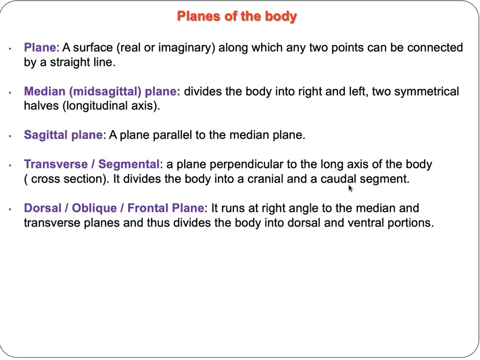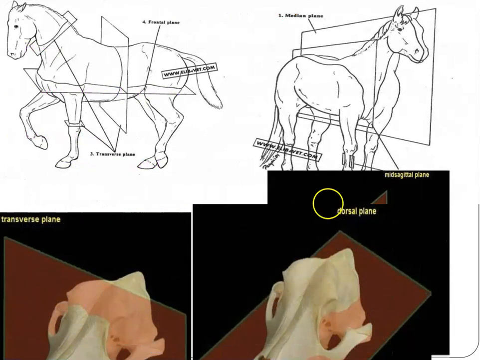What about the planes of the body? A plane means you take two points and connect them together. In the diagram, we have the sagittal plane.